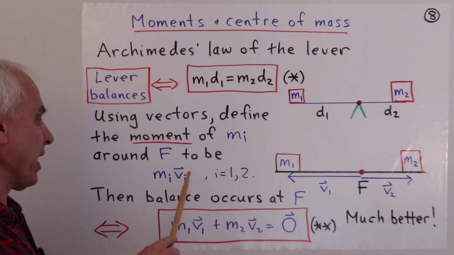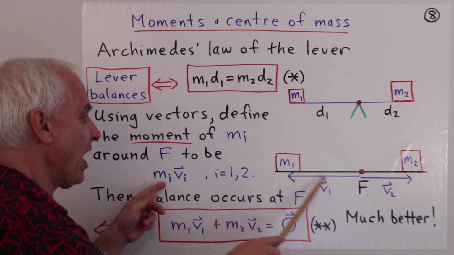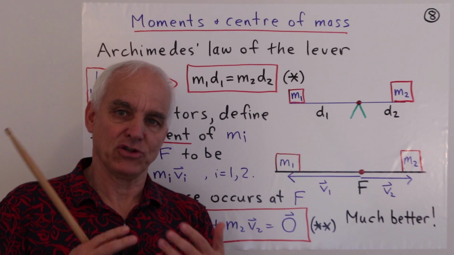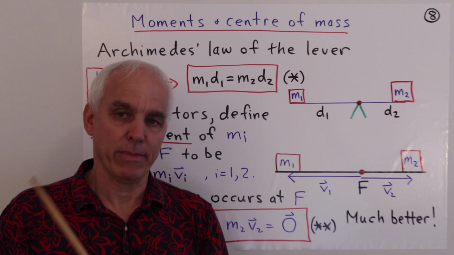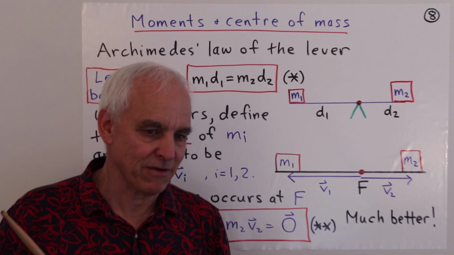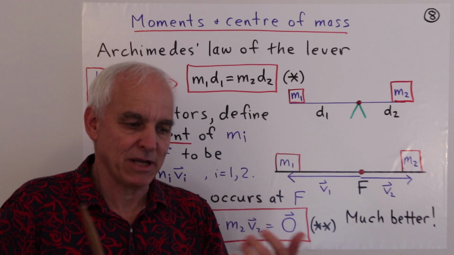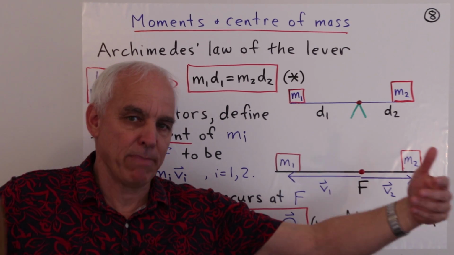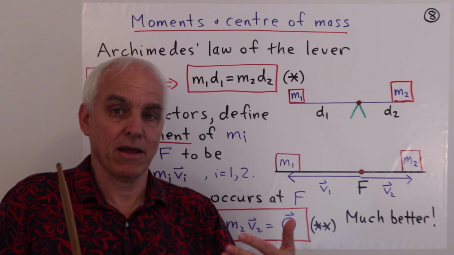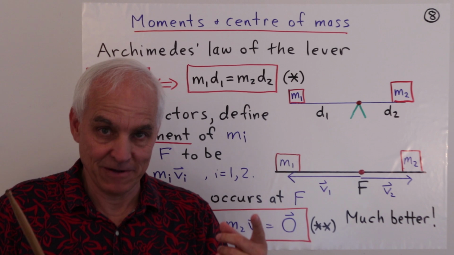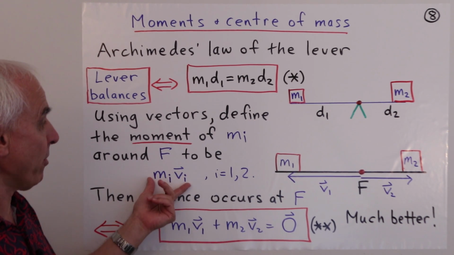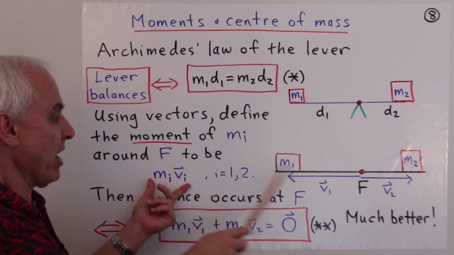So if we multiply a mass times a vector, we get another kind of vector object, which is called a moment. It's a different kind of vector. It's not really a displacement vector anymore because the displacement has been multiplied. We've expanded the vector, or perhaps contracted it, by multiplying it by the mass. So the mass times the vector is a new vector called the moment of the mass around F.